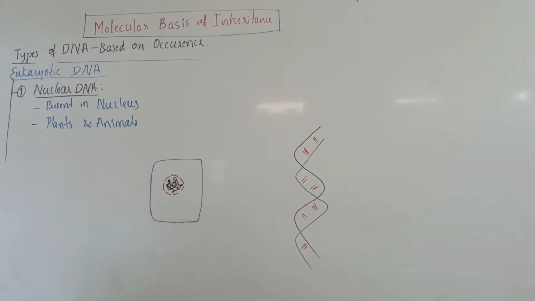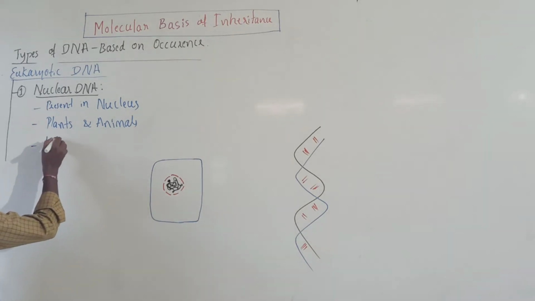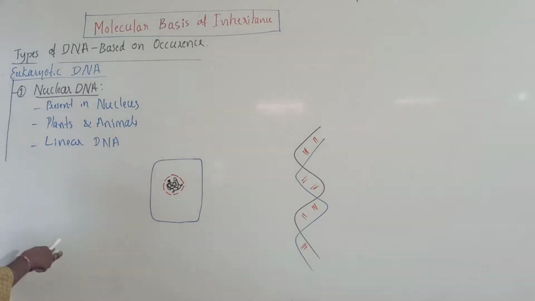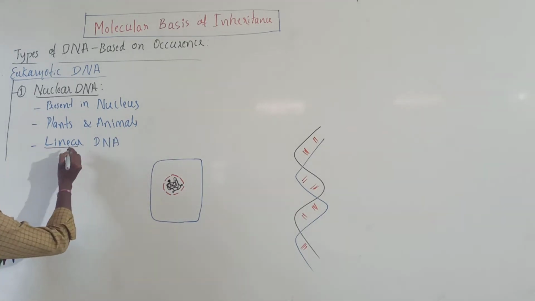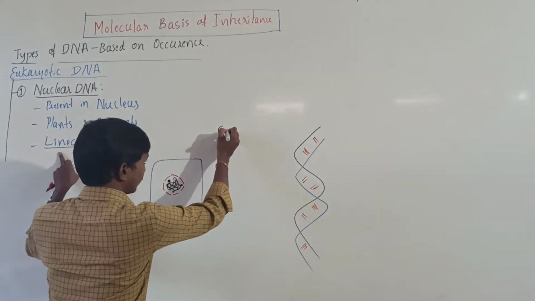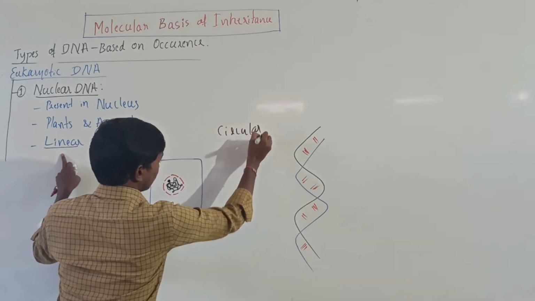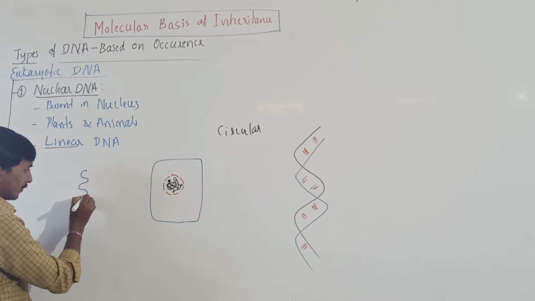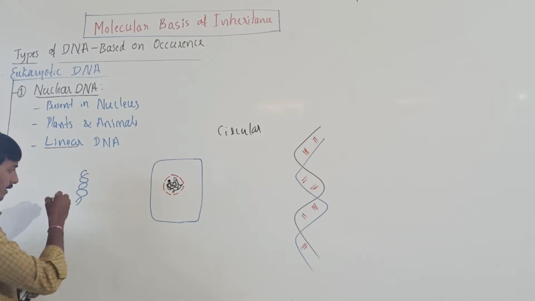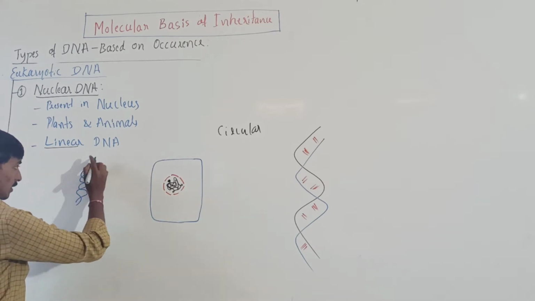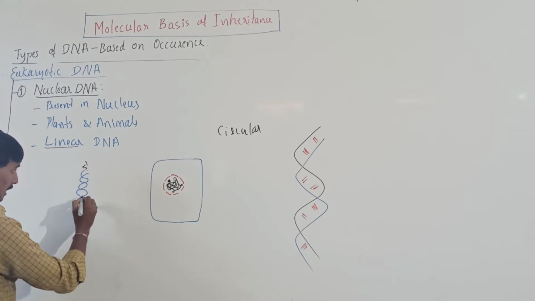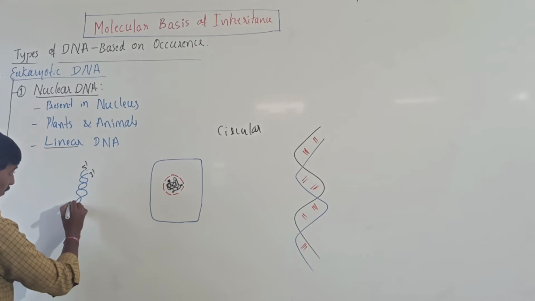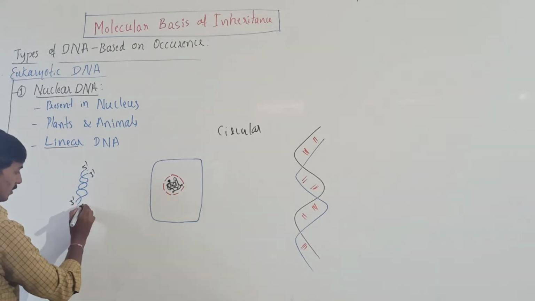Coming to the type of DNA, it is linear DNA. There is another word called circular. Linear means the two ends of the DNA are free. One end we can call 5 prime, the other 3 prime.